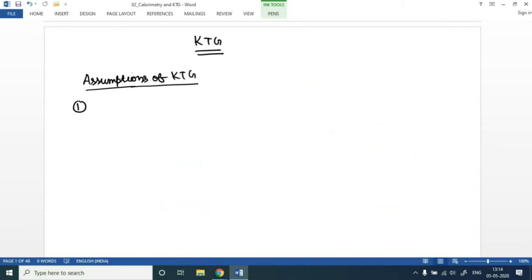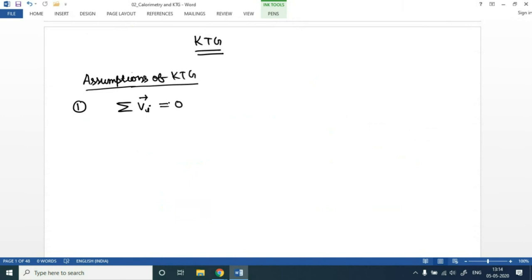So there is no preferred choice of direction. Since there is no preferred choice of direction, the average velocity will be equal to zero. Average velocity, not average speed, of all the gas molecules will be equal to zero.